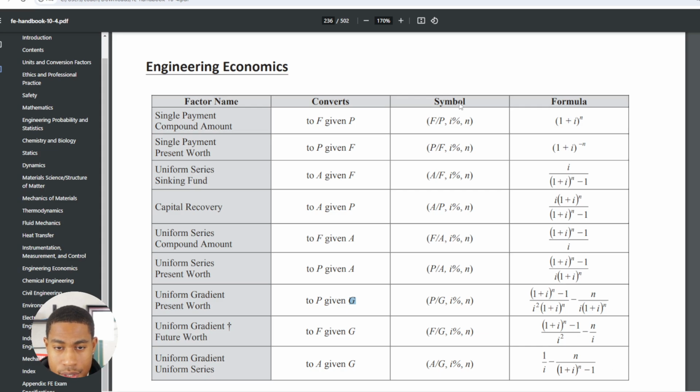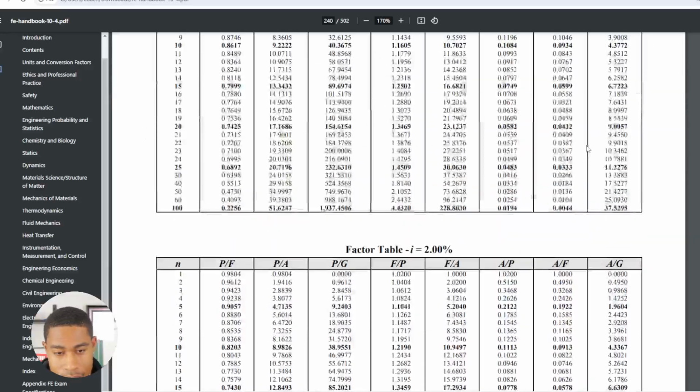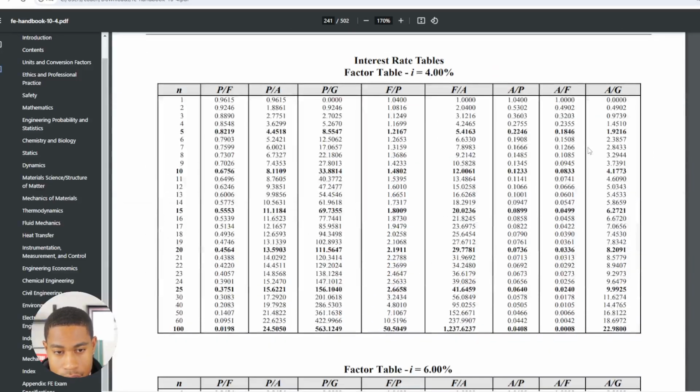Okay, so you're going to use one of these formulas depending on what you're going to and what you're given. All right. So you may have to actually plug in the numbers, but with these tables, you really can use them to your advantage. So how do we use a table? Well, we need to know first of all, what we're trying to get to. So remember, the slash means given.